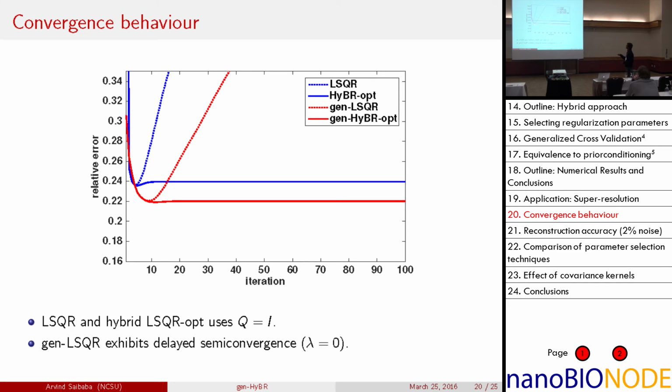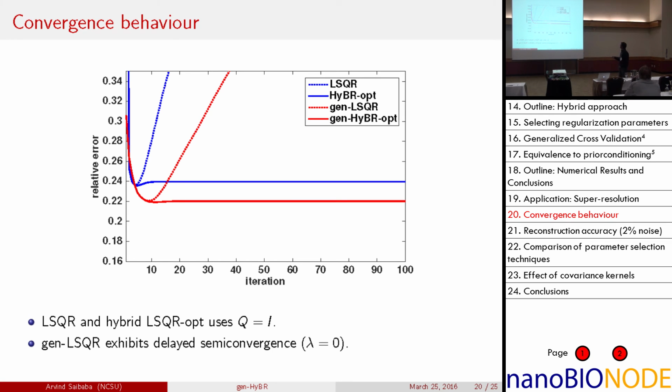What's interesting is that even with lambda equals 0, so essentially no regularization, you see some delayed semi-convergence. The error goes down a little bit. And the reason is that even though there's no regularization term, because of the transformation of variables, the prior information is inherently present in our Krylov subspace method. So there's some regularization even without regularization, if you want to think about it.